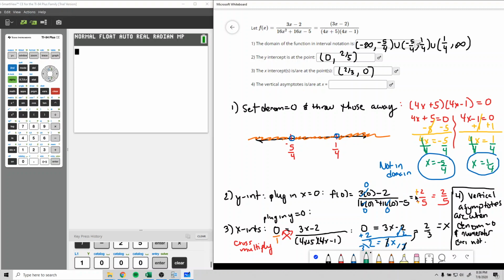Keep in mind the numerator equals 0 gives the x-intercepts, and the denominator equals 0 is what we did in part A. Notice there's no overlap. So the answers for the vertical asymptotes are 1/4 and negative 5/4. Same thing.